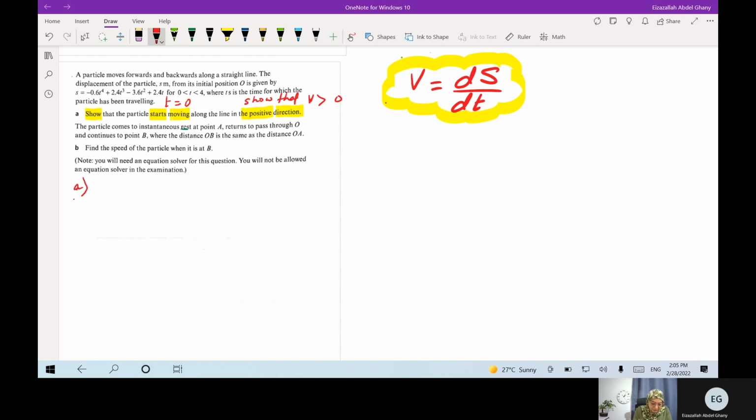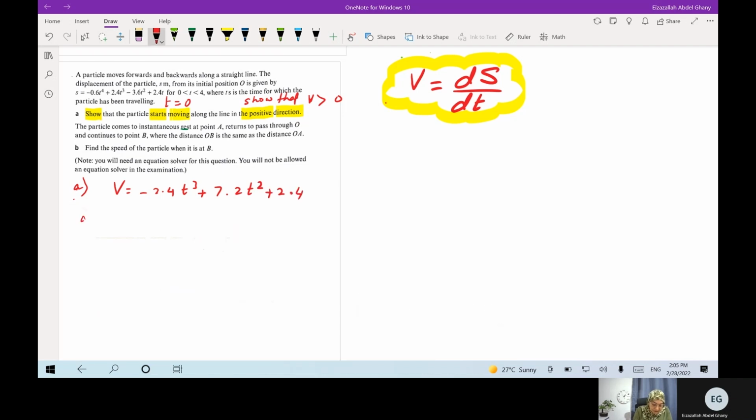Here we have to find velocity from the displacement. The derivative of the displacement: power goes down, increases by 1. So it is negative 2.4 t cubed plus 7.2 t squared plus 2.4.